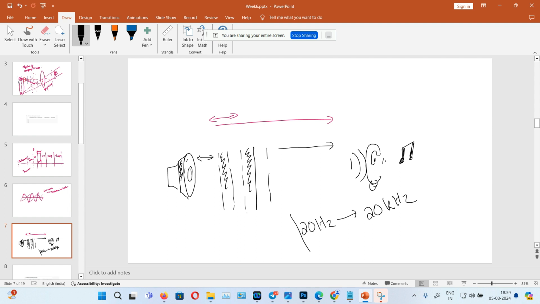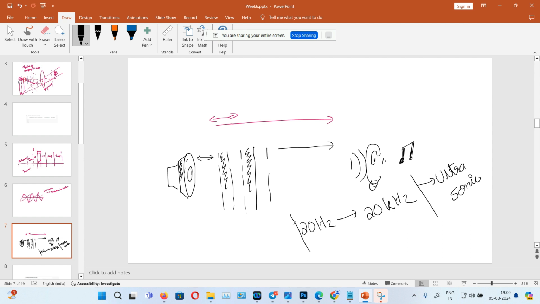This is our human audibility range. Above 20 kilohertz, we call it ultra, as we told before, and it is sound. So it's ultrasonic. Sonic means something related to sound, and ultrasonic means beyond our audibility range. So that is called ultrasonic or ultrasound.